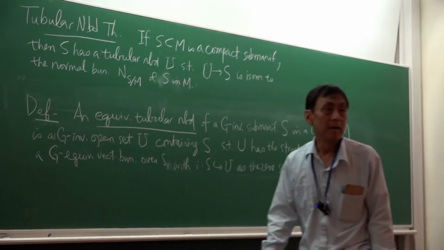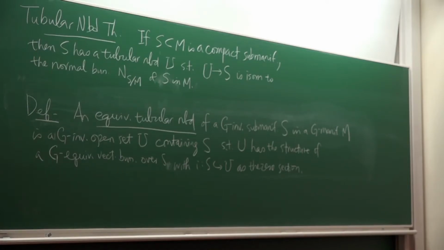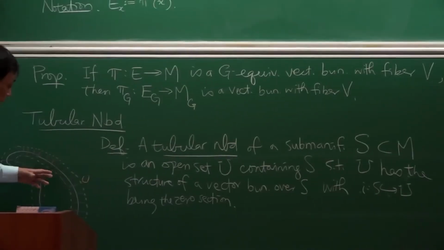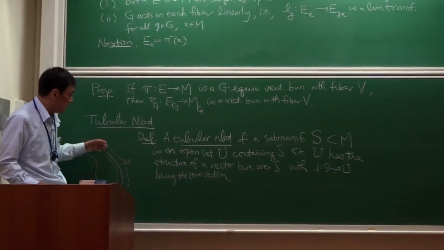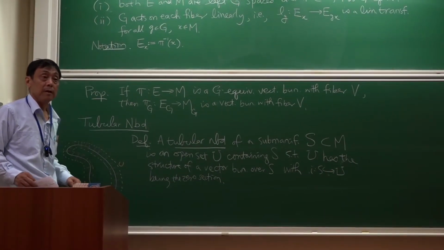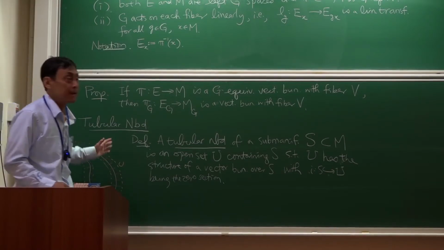Okay? So it's the same picture as this, but the spaces are G invariant, and then the maps are G equivariant.